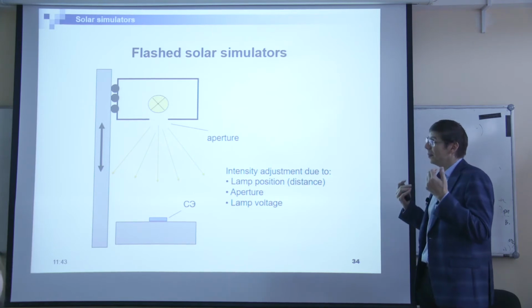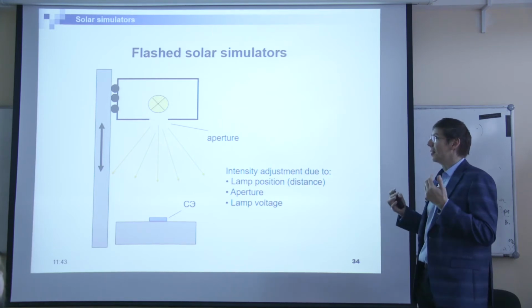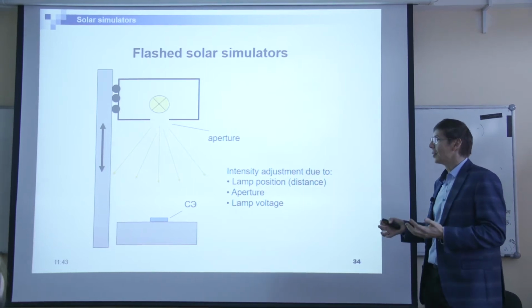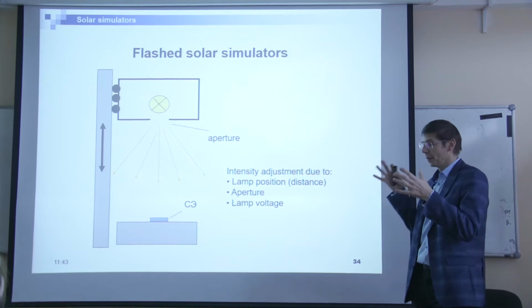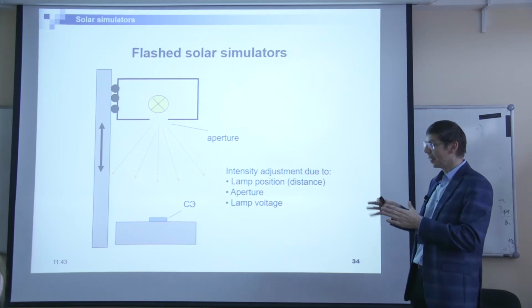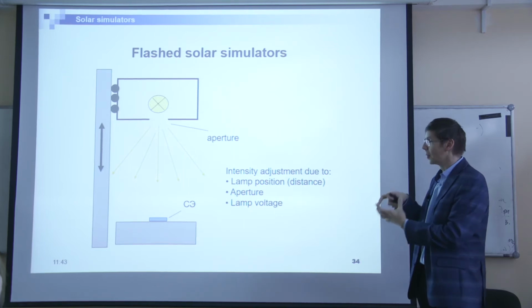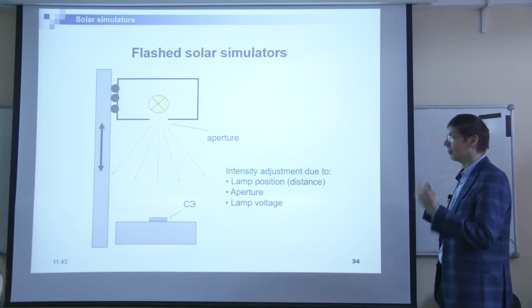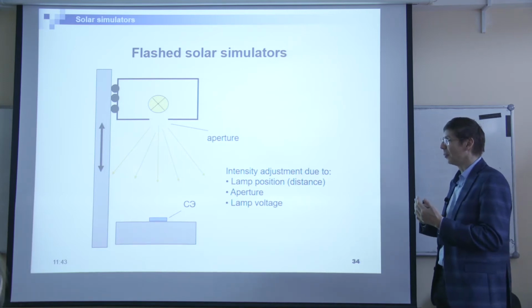You should realize that in the real concentrator system, light is not homogeneous also, because you have a lens, you have some distribution of the light on the surface of your concentrator solar cell.